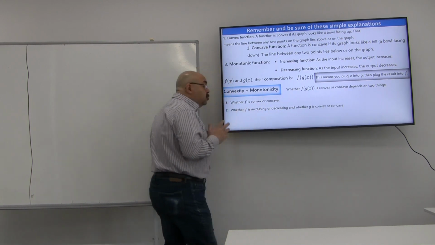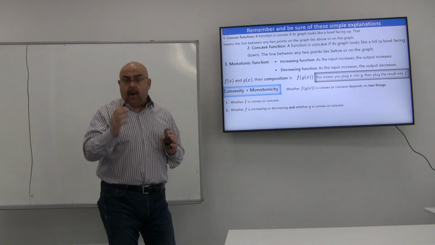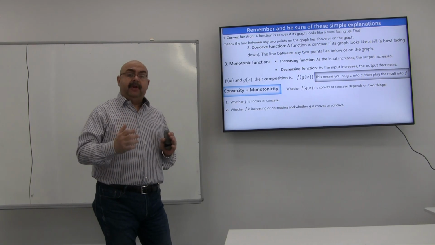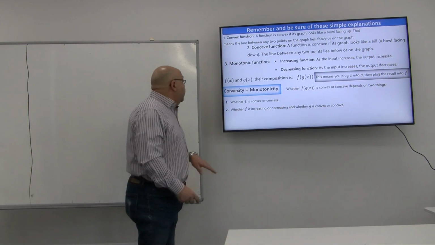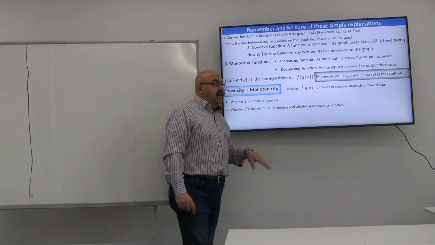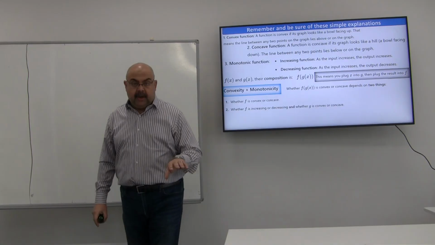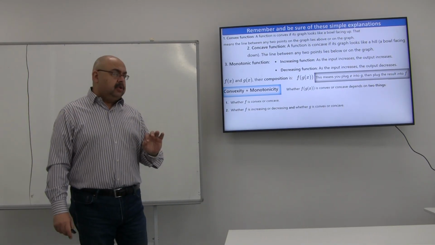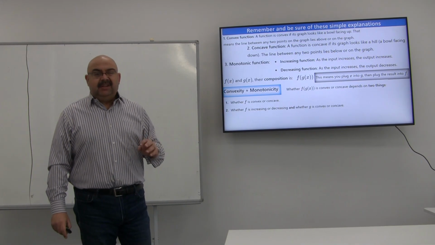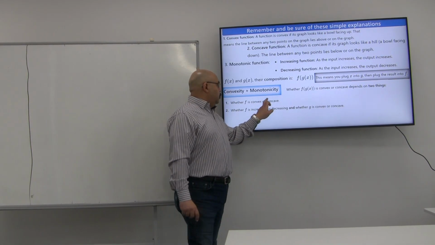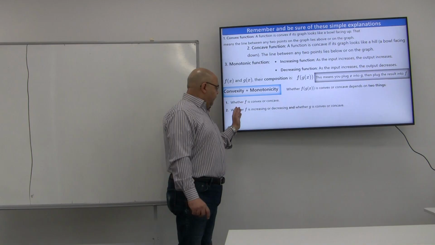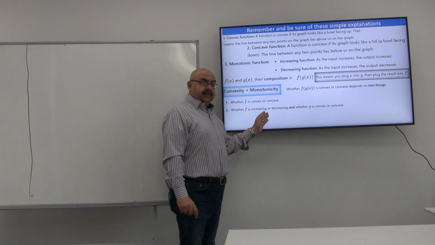So I have two conditions related to the outer function, which is f. First of all, I have to identify if f is convex or concave. Then I need also to be sure about its status regarding increasing or decreasing.